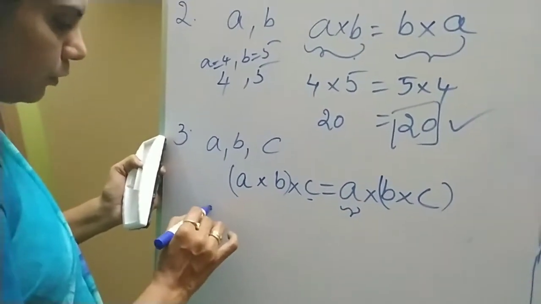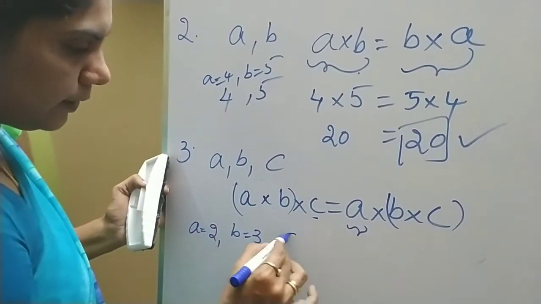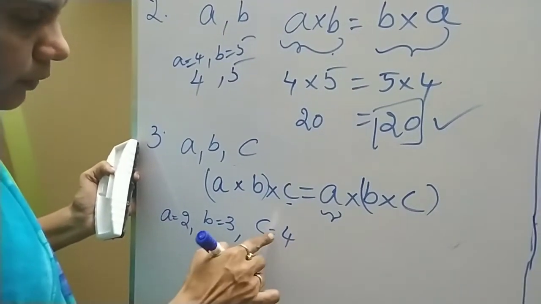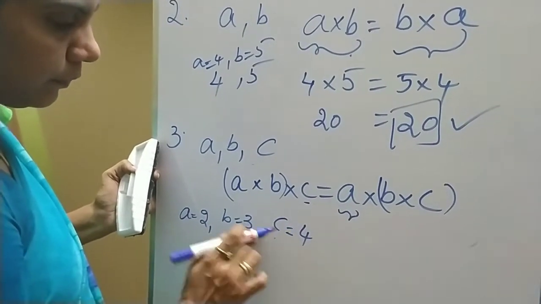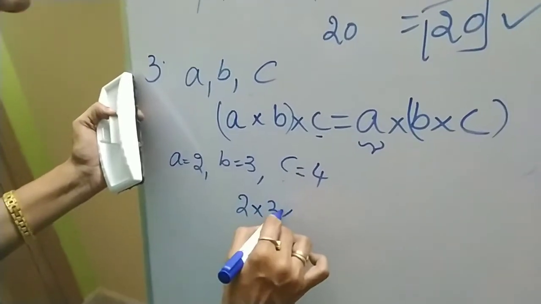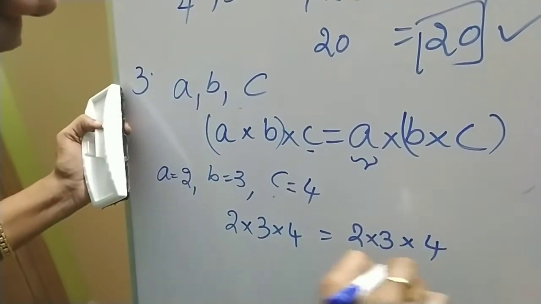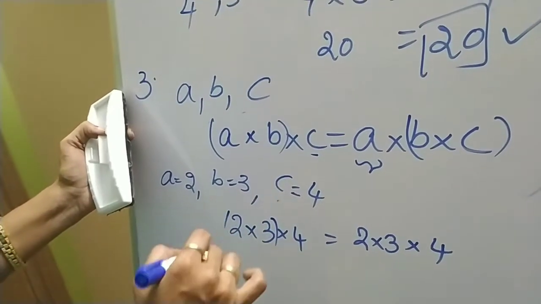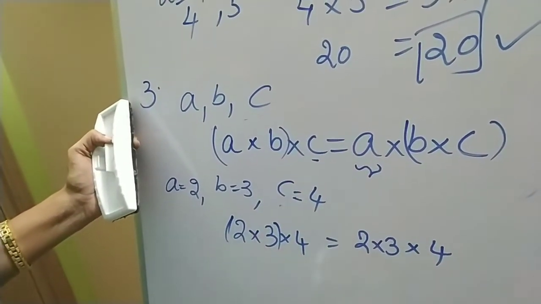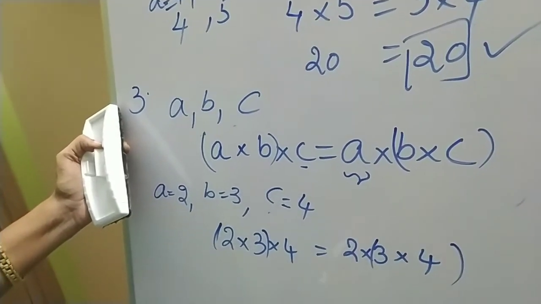Say with an example, a equal to 2, b equal to 3, then c equal to 4. First I am multiplying 2 into 3, after that 4. Or I am multiplying 3 into 4 first.